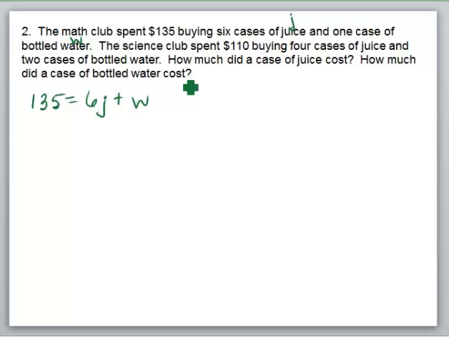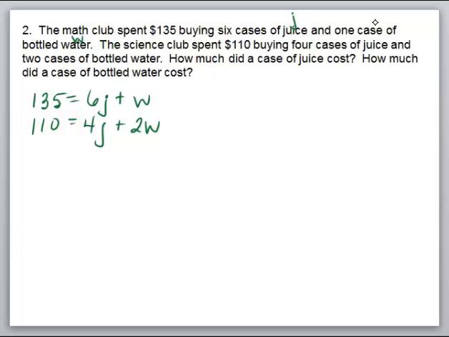The science club spent $110 buying 4 cases of juice and 2 cases of water. How much does a case of juice and how much does a case of bottled water cost? So again, I'm going to be using elimination to solve this, and I will continue this with the next video.